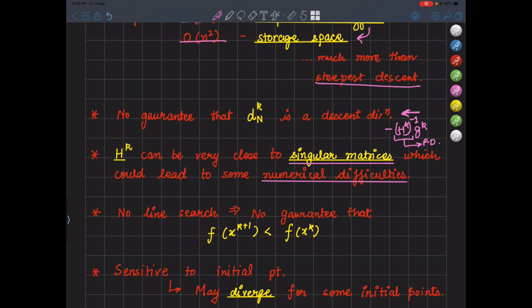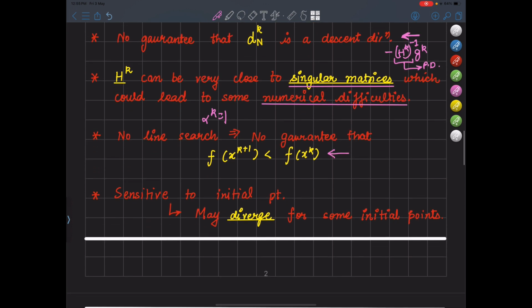Also, we saw that we set alpha k equal to 1. There is no line search. So even though you might get a descent direction, there is no guarantee that the function value will decrease. It might happen that at alpha k equal to 1, the function value might increase. That is one disadvantage.